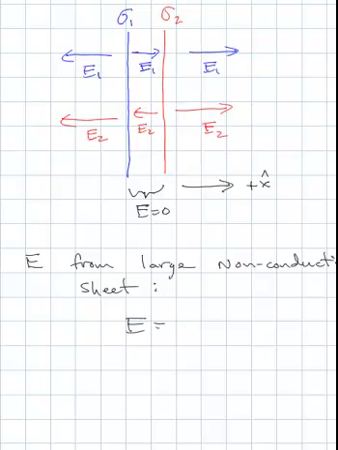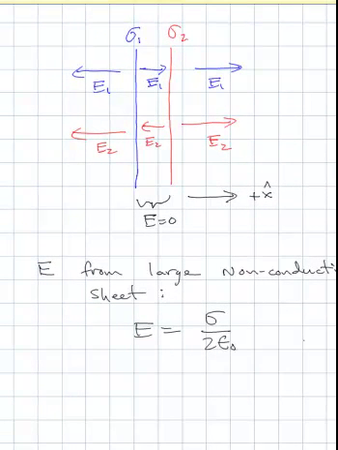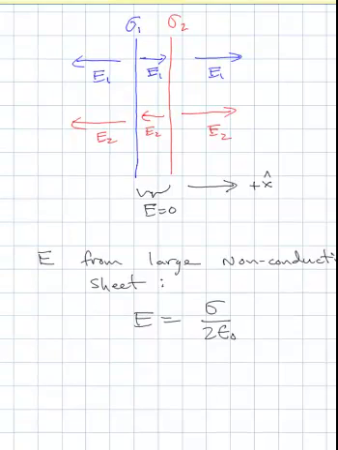The electric field is going to be the charge density over 2 epsilon naught. You should make sure you can derive that using Gauss's law. So in the center, between the two sheets, I'm going to end up with E1 plus E2 has to equal 0.